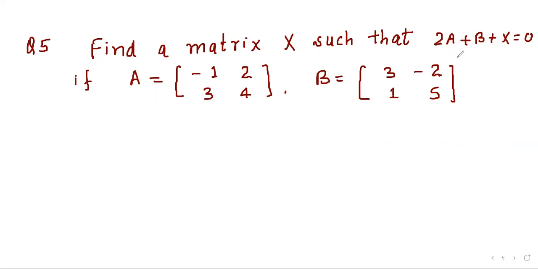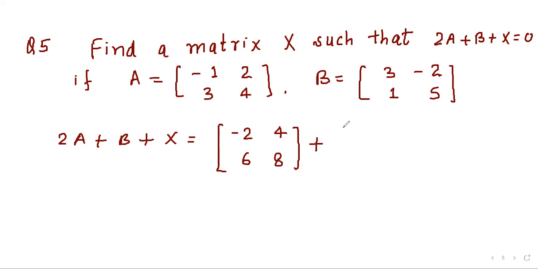Find a matrix X such that 2A plus B plus X equal to 0. A and B are given. So twice of A plus B plus X. So double the elements. So it will become minus 2, 4, 6, 8 plus B. This will be written as it is, 3, minus 2, 1, 5. And suppose matrix X has elements a, b, c, d.